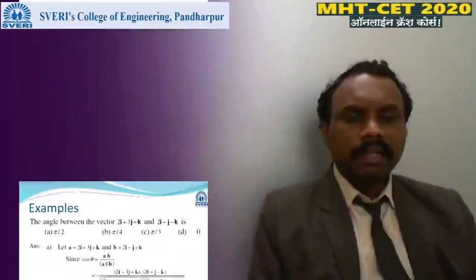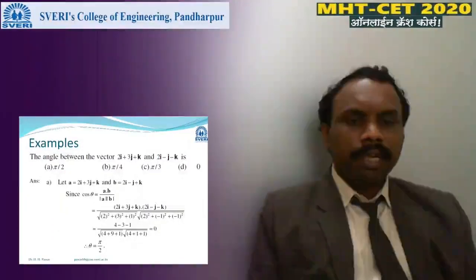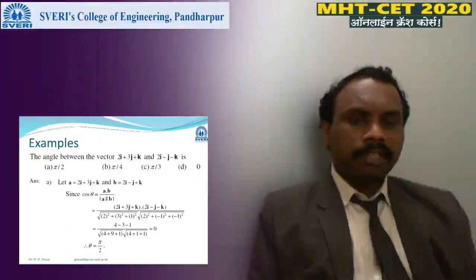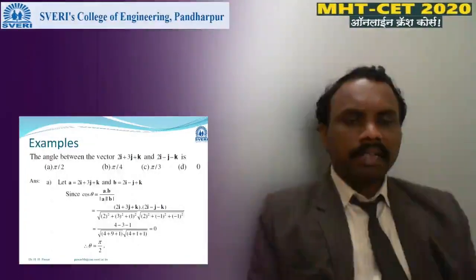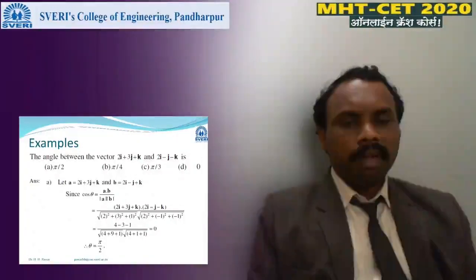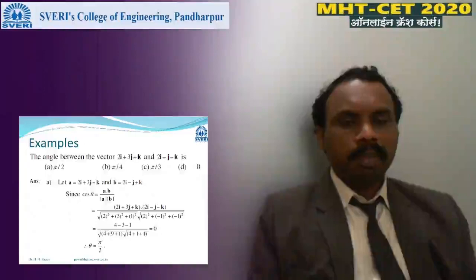Another example: the angle between the vectors 2i plus 3j plus k and 2i minus j minus k is. As said earlier, consider the first vector as a bar and the second vector as b bar. Then the formula for cos theta is a bar dot b bar divided by modulus of a bar into modulus of b bar.